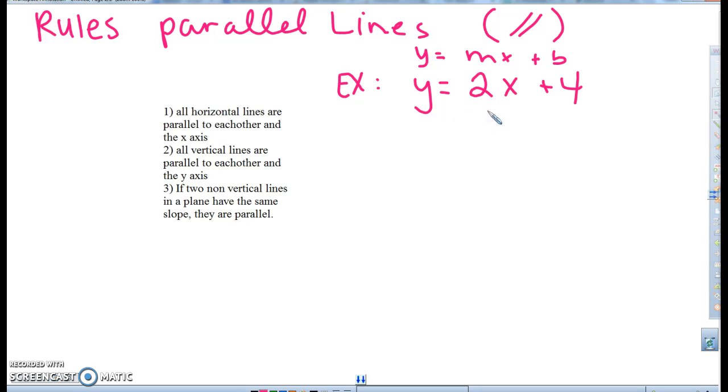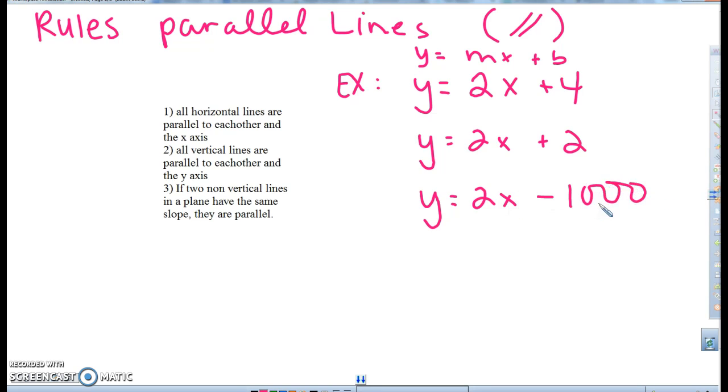So I'm going to look at this, and I'm going to say a parallel line would have the same slope. So I might pick a line that is 2x plus 2. And I can say that's parallel because it has that same slope. I could even get so crazy as to say 2x minus 1,000 or 10,000 or bigger.